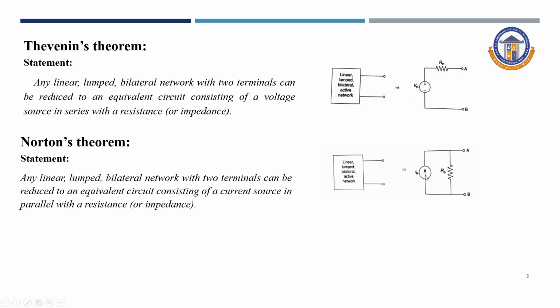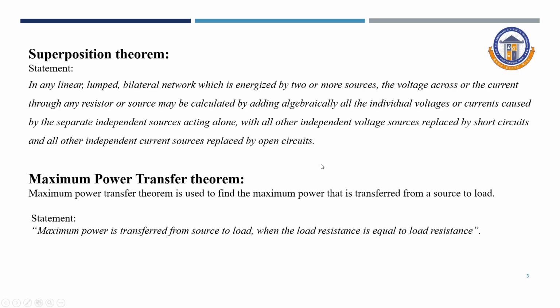Next, the current source, Norton's theorem, is sometimes represented as ISC, short circuit current. Here we measure the current through the terminal by short circuiting the path. That's your Norton's theorem. Next, two more beautiful theorems: the superposition theorem and the maximum power transfer theorem.